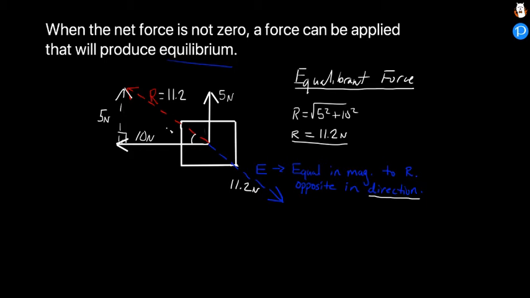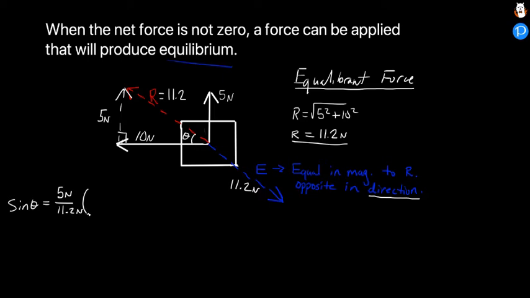So again, using our trigonometry, I'm just going to use the sine function here. This is angle theta. The sine of angle theta is equal to our opposite side over the hypotenuse. So sine theta is equal to 5 newtons over 11.2 newtons.